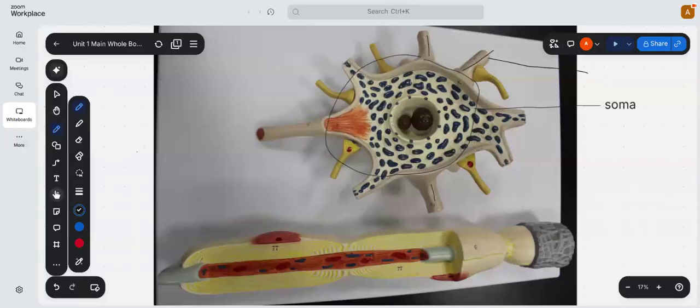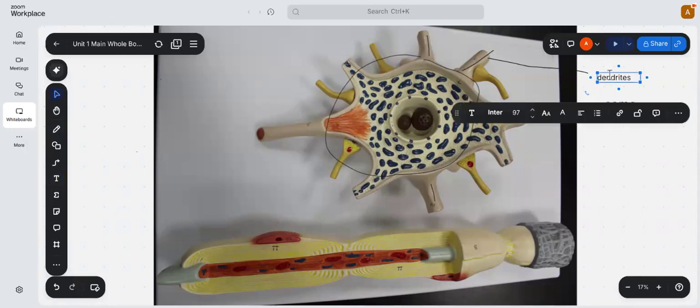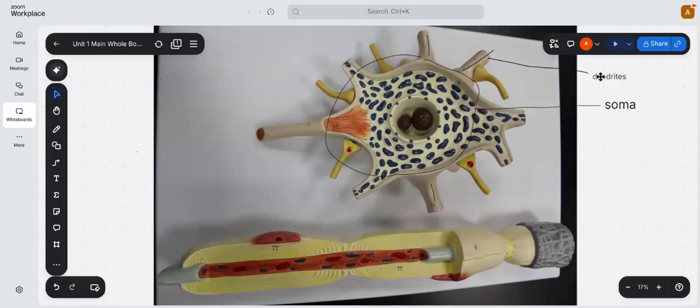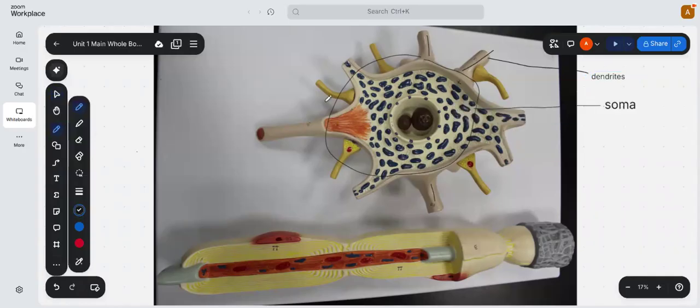All of these projections over here, these are going to be your dendrites. So these guys are some nice looking dendrites. And then you have your axon hillock, however you want to pronounce it. It's this kind of muscly looking triangle structure.